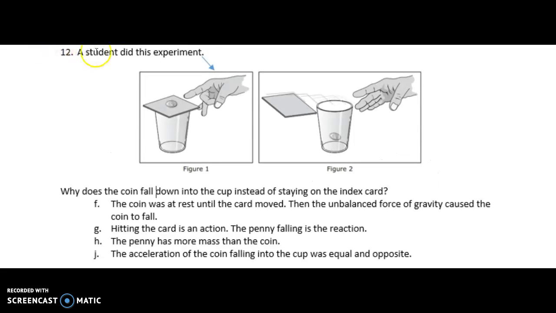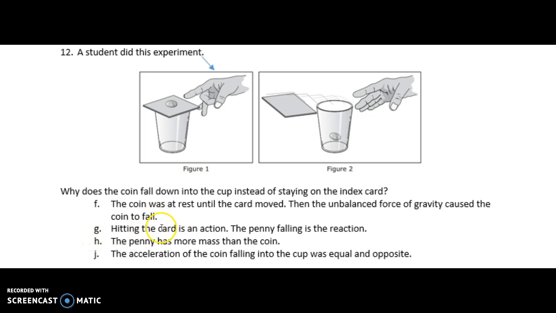Number 12. A student did this experiment. First, second. Why does the coin fall down into the cup instead of staying on top of the index card? F. The coin was at rest until the card moved. Then the unbalanced force of gravity caused the coin to fall.